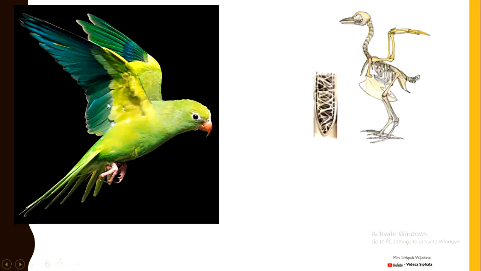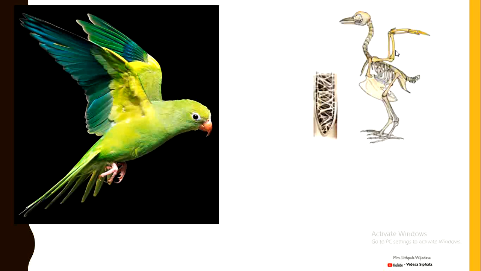Their skin is covered with feathers and scales are restricted to legs. These feathers are made of keratin, which is a protein. Their forelimbs, F-O-R-E, fore means the front. Their forelimbs are modified into wings. They have a four-chambered heart with two atria and two ventricles. So this is the stage in the evolutionary process where the heart is completed.